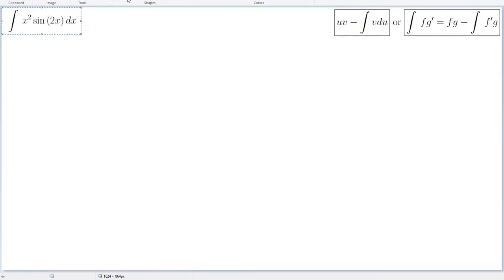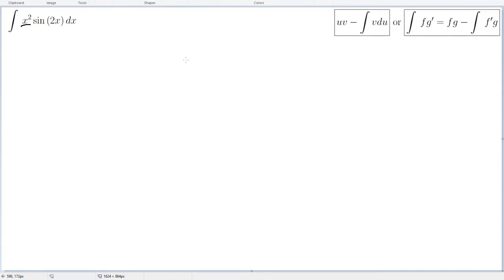Okay, so we have x squared and sine 2x. The best thing to do is to always derive a polynomial. This x squared here is considered a polynomial, so I would want to derive that.